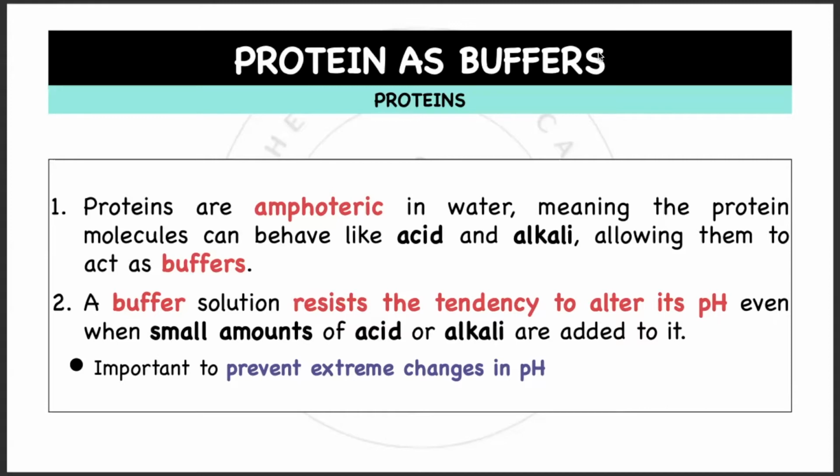Now, a buffer solution resists the tendency to alter its pH even when small amounts of acid or alkali are added to it. And this is important to prevent extreme changes in pH because changes in pH in the body could affect the functions of proteins and enzymes, and this will cause denaturation of the proteins.